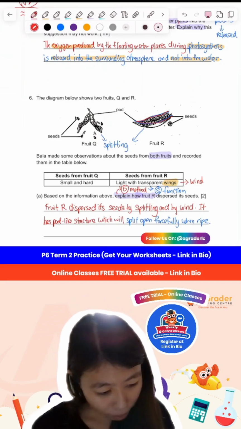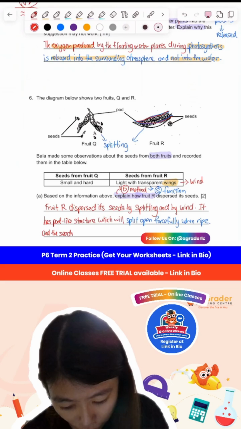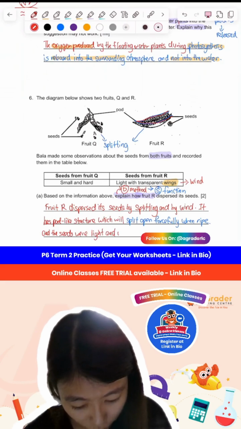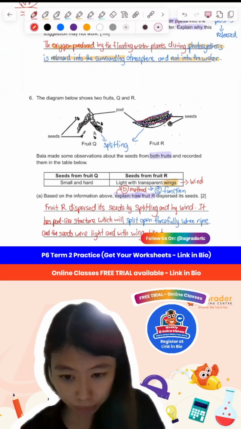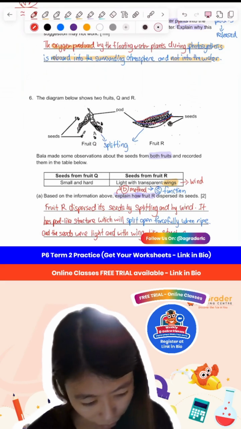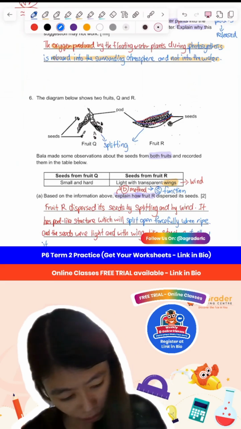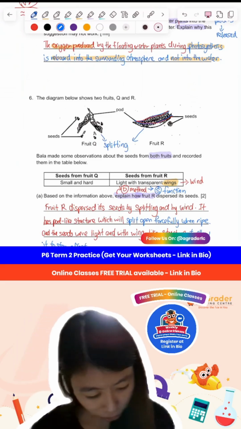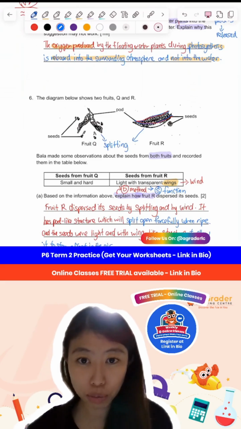You need to say that the seeds are light and with a wing-like structure to allow them to stay afloat in the air. I move up a bit.